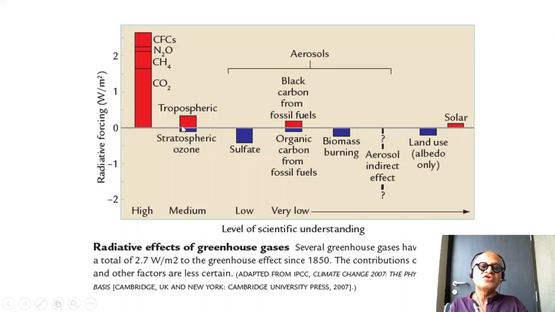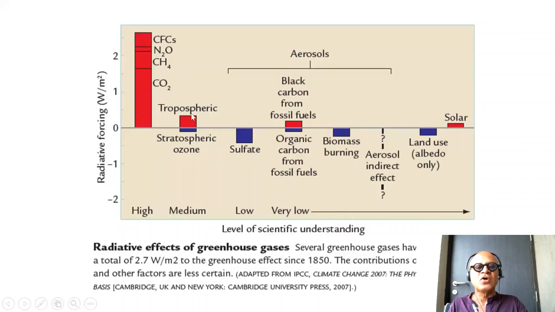So this is looking at the effective radiative forcing imbalance, short wave minus long wave, how much is being added by these particular constituents in the atmosphere. So this is also talking about confidence here. We have high confidence about this.